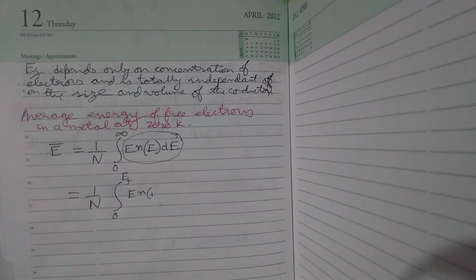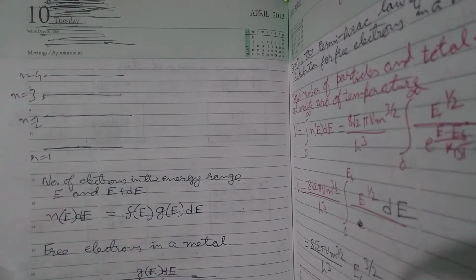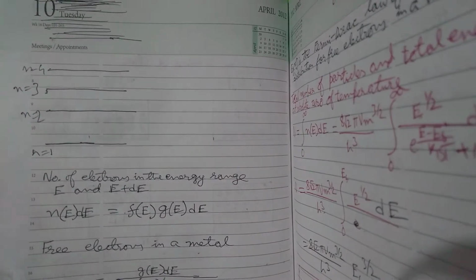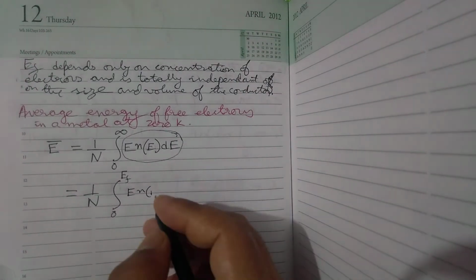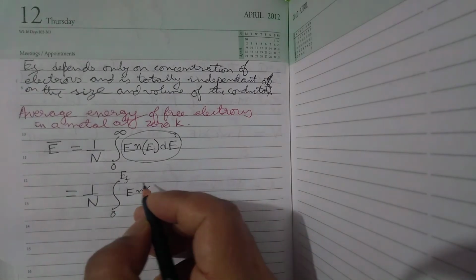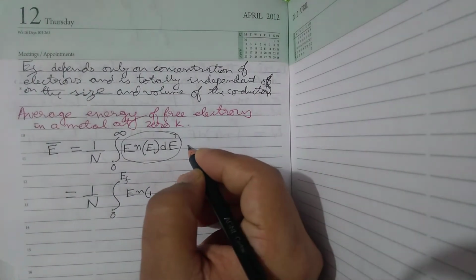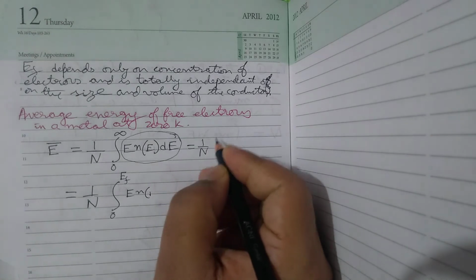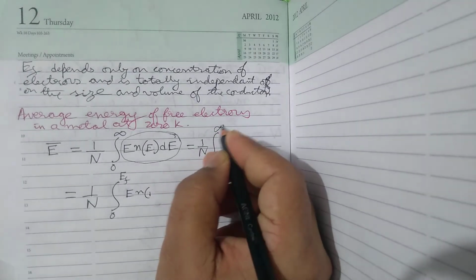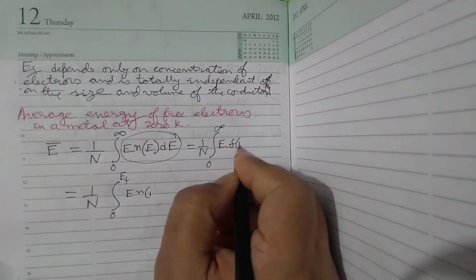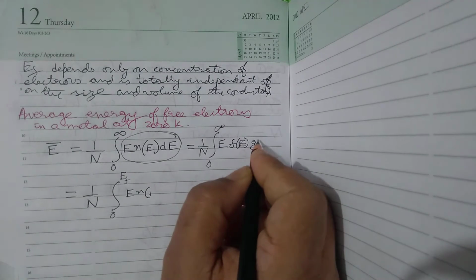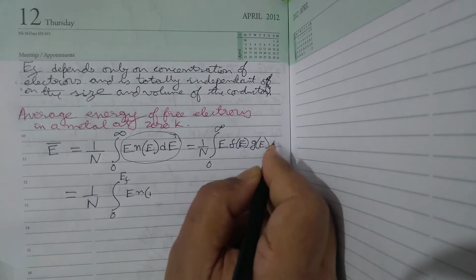Now you have to put the value of N(E) dE. What is N(E) dE here? You write 1 by N integration from 0 to infinity of E N(E) dE. N(E) dE is F(E) into G(E) into dE.